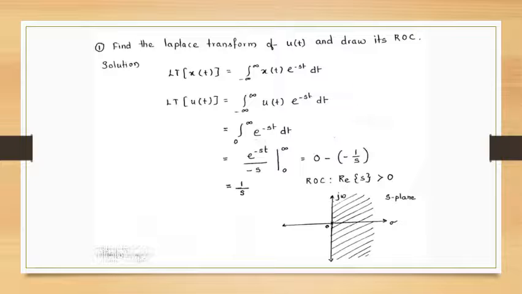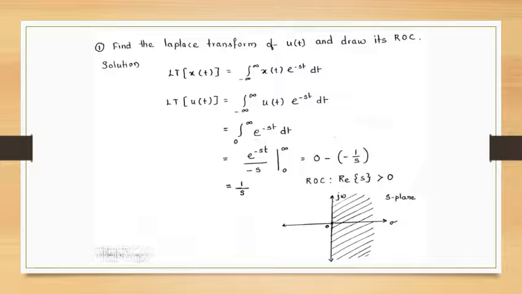In order to get the poles, we know that the denominator is required to be equated to 0. So s is equal to 0. 0 is the pole. So the ROC will be real part of s greater than 0.